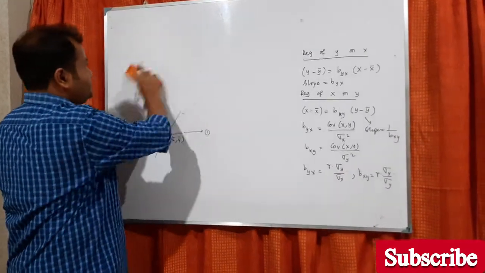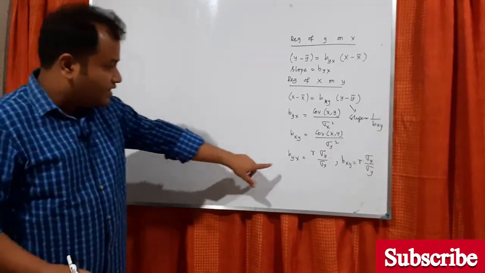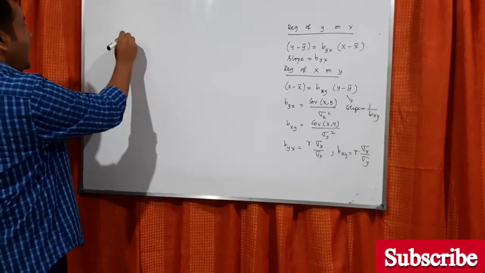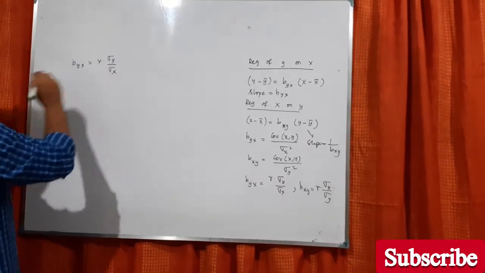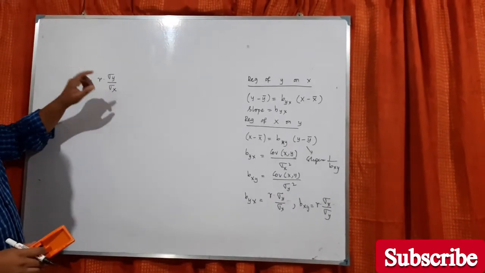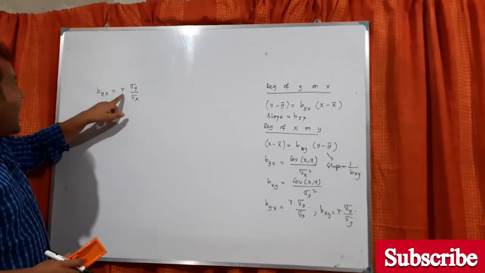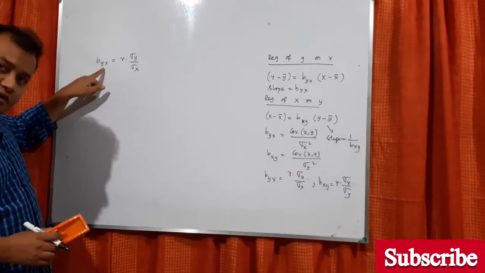Now again we say something about this: byx equals r sigma y by sigma x. We know standard deviation is always positive. That means if r is greater than 0, then byx will be greater than 0.